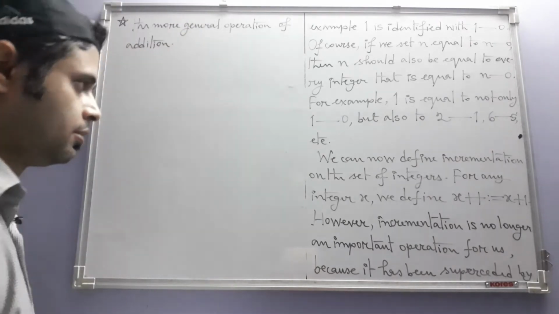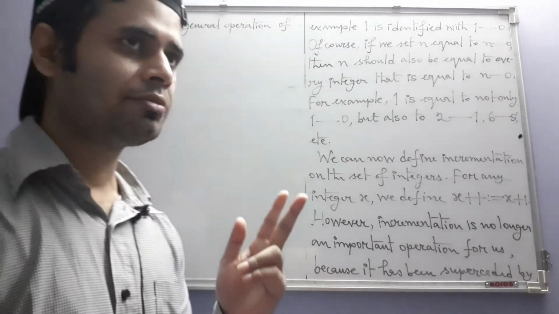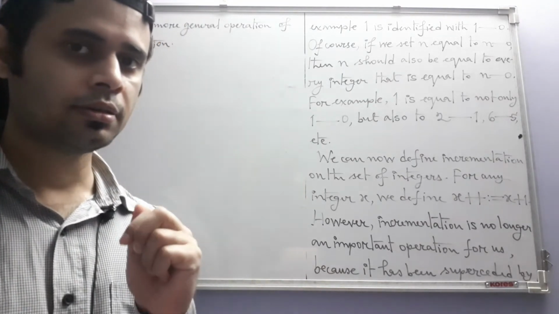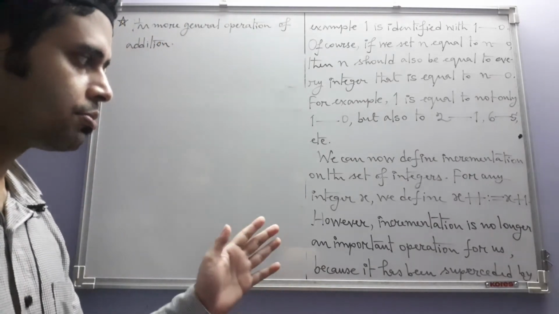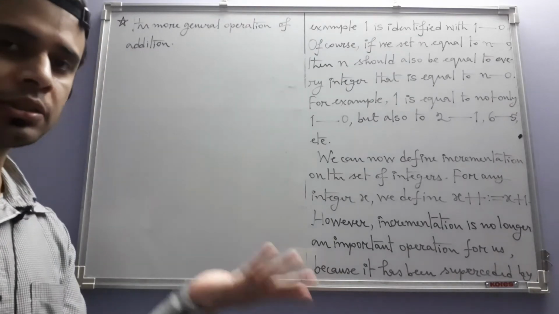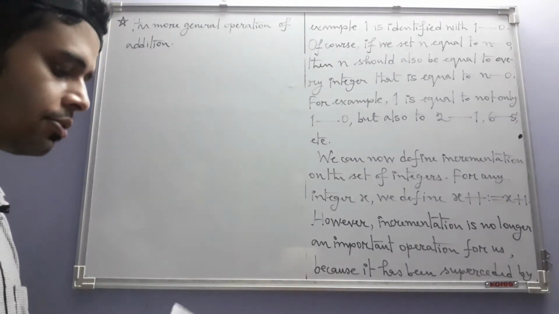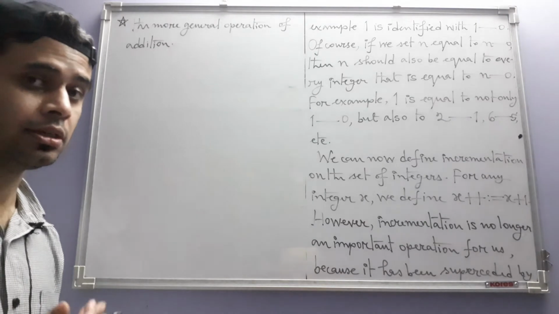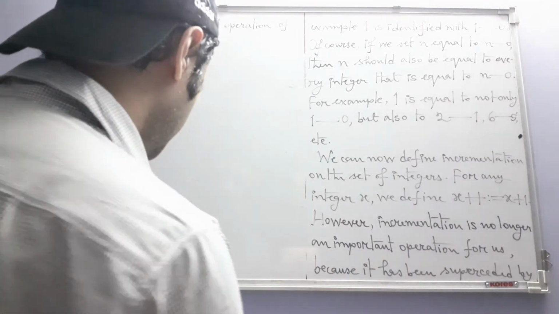Okay. Now the operations we have seen are addition and multiplication. Those were already there in the system of natural numbers also. But now we are going to define new operations, new basic operations in the system of integers.